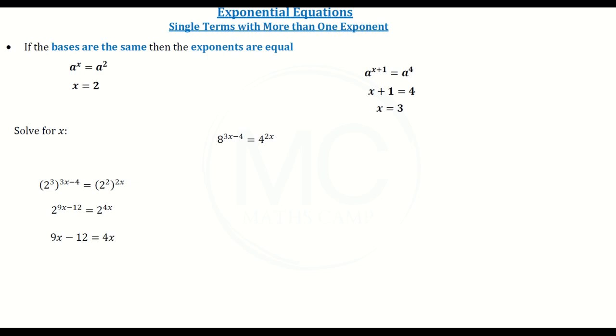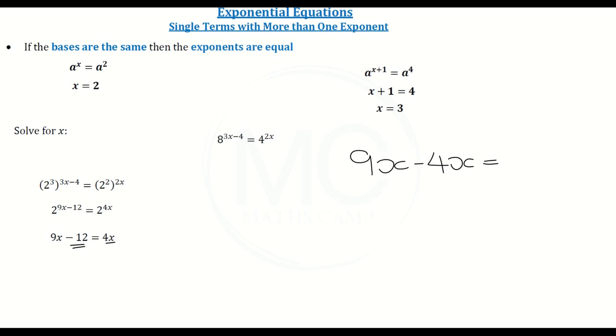And now we can solve for x. On the left, we have 9x. Let's move this 4x across, so we say minus 4x is equal to negative 12.